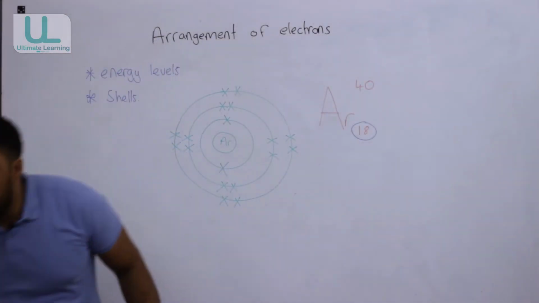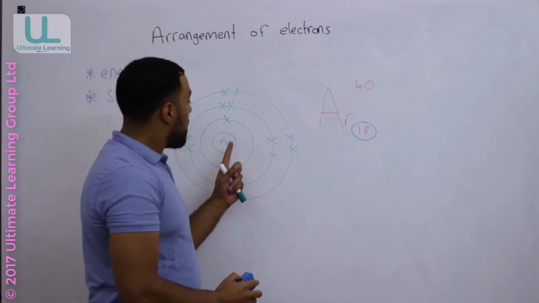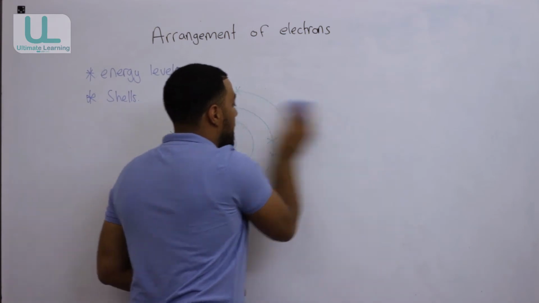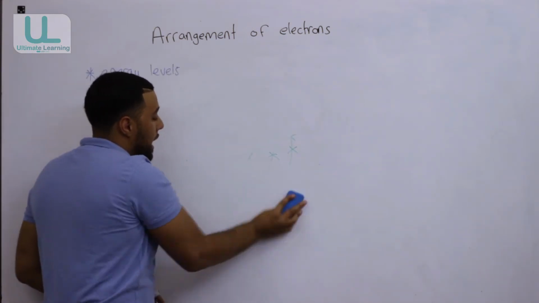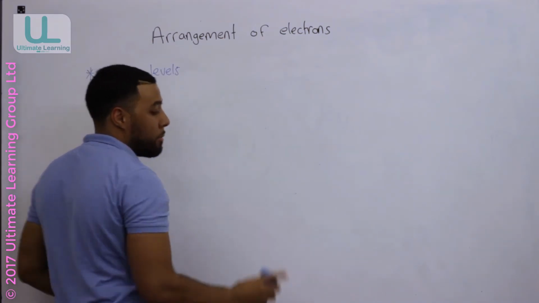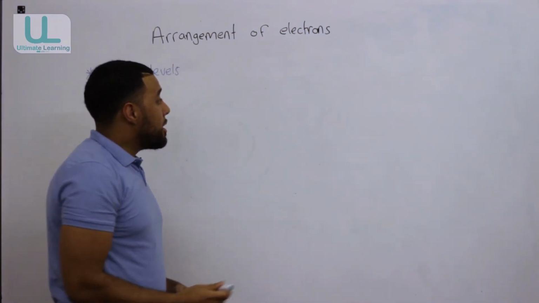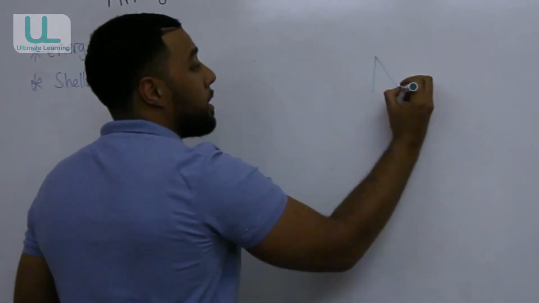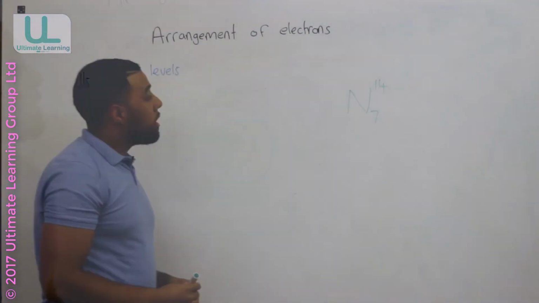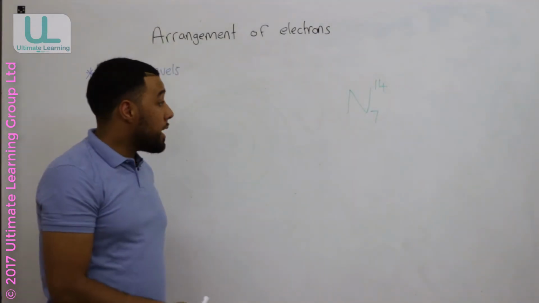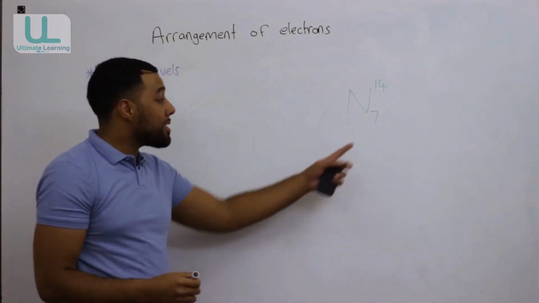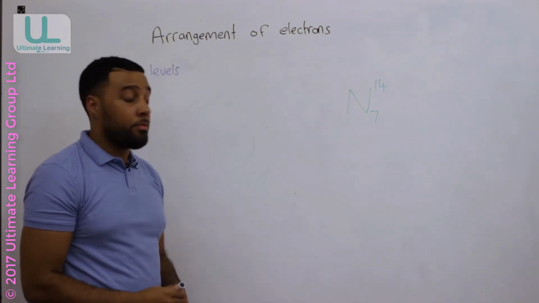Now, what about an element different from argon? Let's take a look at a different example and how we might draw the electron diagram for a different element. Let's look at, for example, nitrogen. Nitrogen has got 7 protons, which tells us it's got 7 electrons.